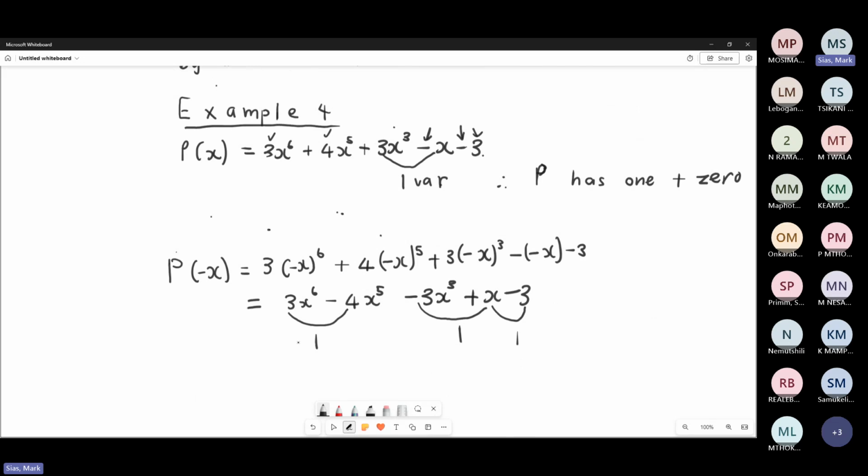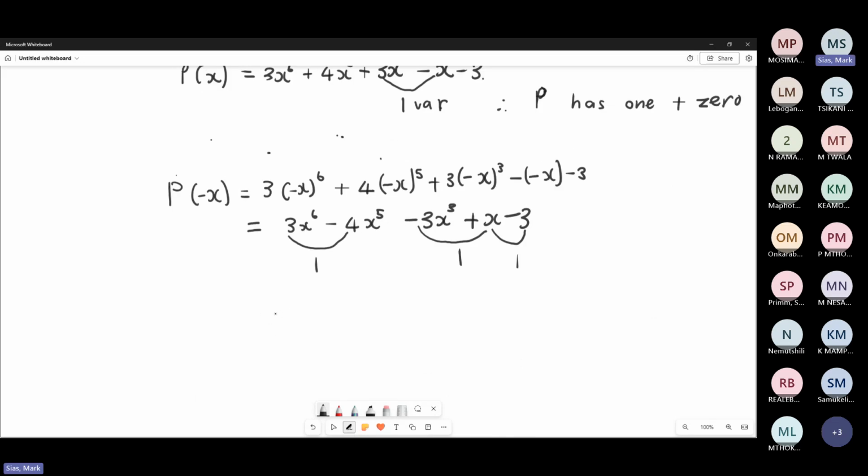So you've got either 3 or 3 minus 2, which is equal to 1, negative real zero.